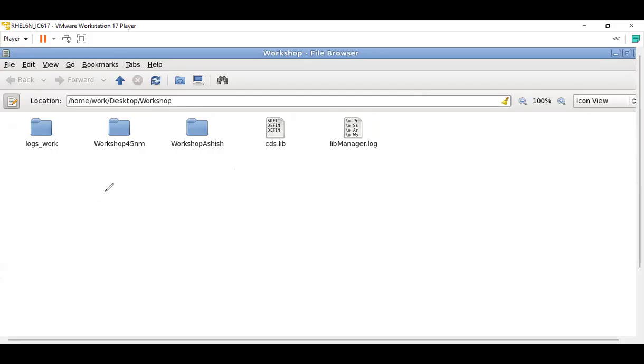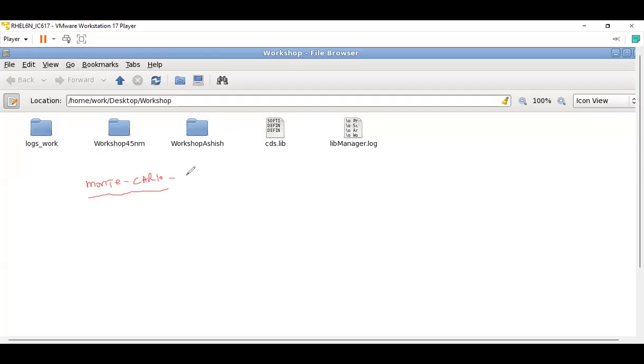Now, what is the Monte Carlo simulation? This is the higher side of your process corner analysis. Monte Carlo simulation is like running thousands of circuit simulations together with random variations.